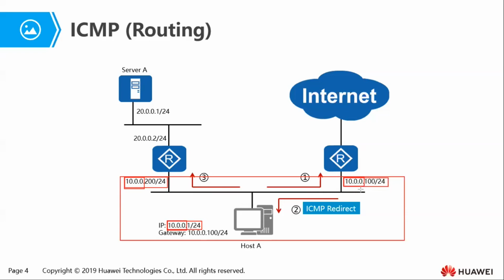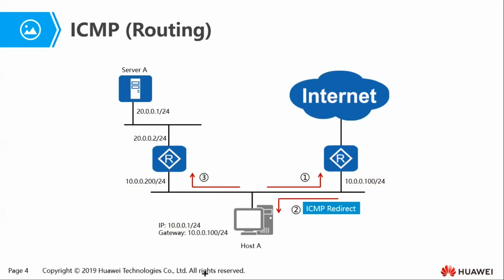So here, host A can reach this interface, and he can reach this interface. But anyone outside that particular network segment will need to go through a gateway. In many cases in our networks, the gateway is actually a router or a layer 3 switch.